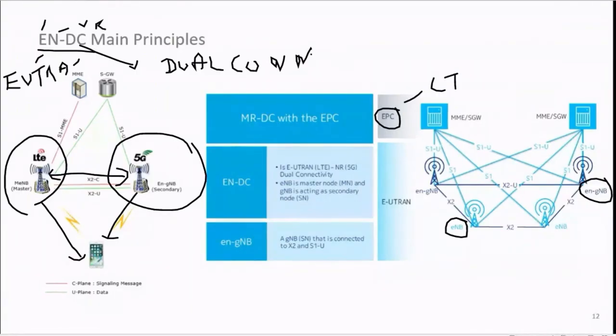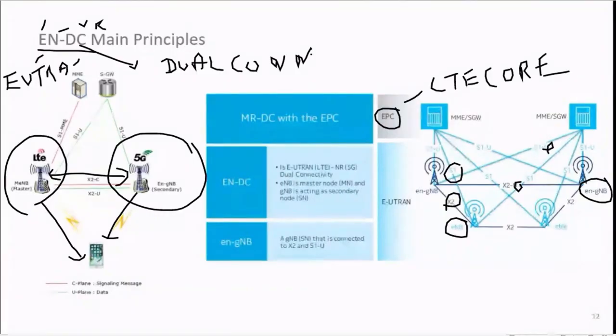You can see between gNodeB and eNodeB there is an interface called X2 interface, and between gNodeB and gNodeB there is an X2 user plane interface, right? And between eNodeB and core there is an S1 interface, and between the gNodeB and the core it is the user plane interface only.